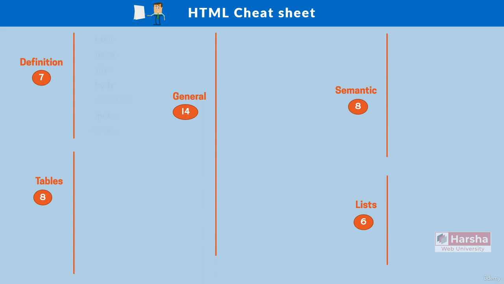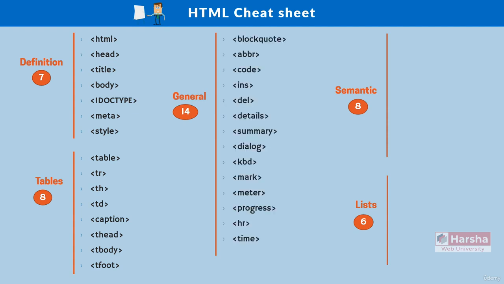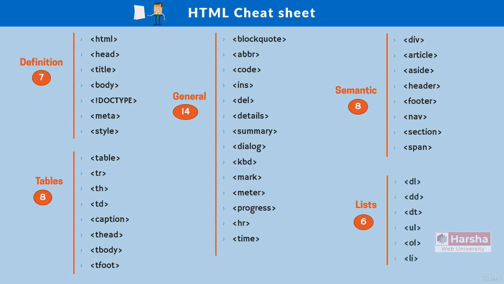The definition tags are 7, that is HTML, head, body, etc. Table tags are 8, including table, tr, th, td, thead, tfoot, etc. General tags are 14, that is blockquote, abbr, code, etc. Semantic tags are 8, that is div, aside, header, footer, etc. List tags are 6, including dl, dd, dt, ul, ol, etc. Notice these tags include HTML4 and HTML5.